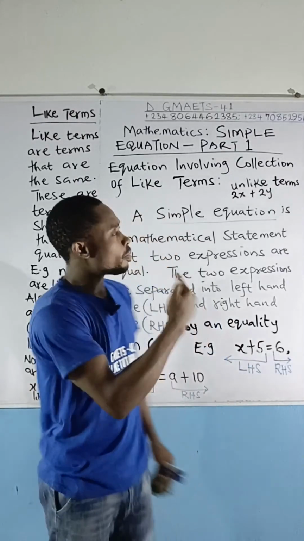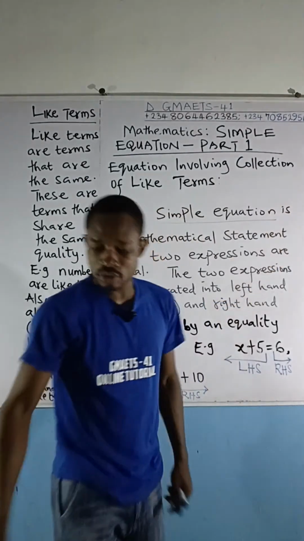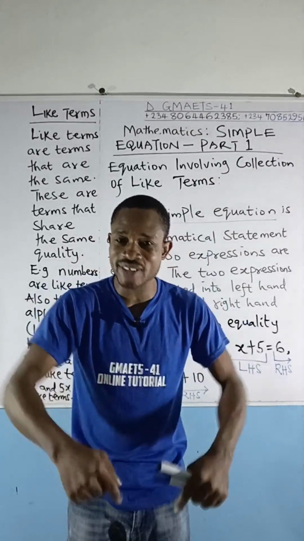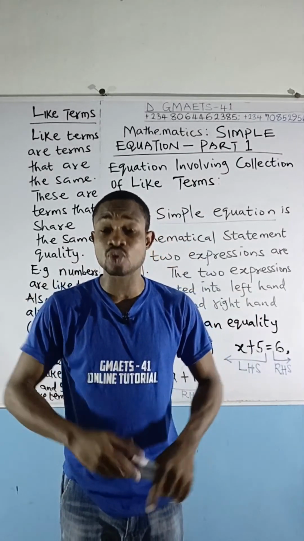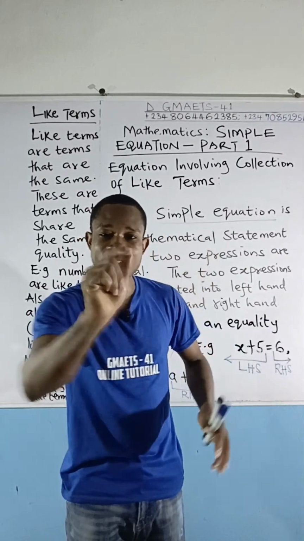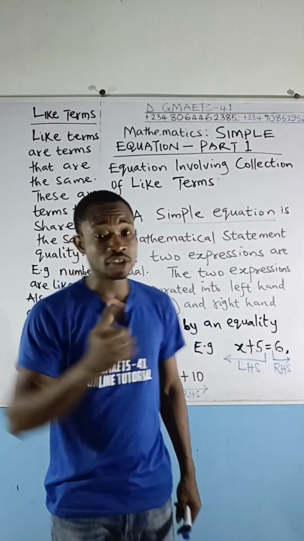And you see this topic, simple equation, as you move on to your higher class, even at your present level, this present class you are, anything that has to do with solving something that has equal to, you need simple equation knowledge to guide you.